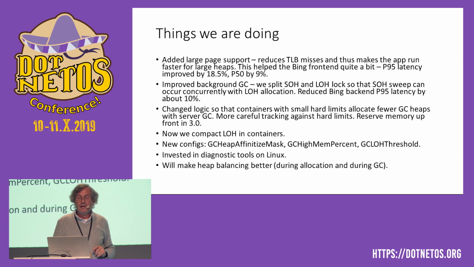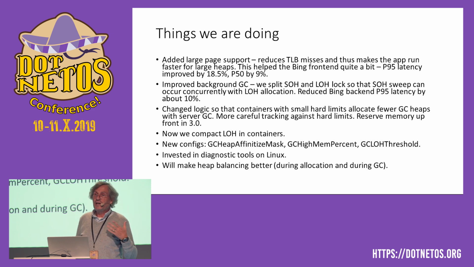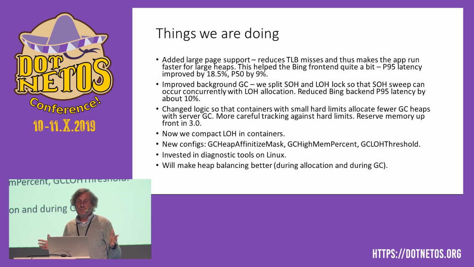All right. There are some things we have been doing that are improving things, and that were motivated mostly by our internal apps. For instance, we added large page support, which means that the GC heap can now use large pages.